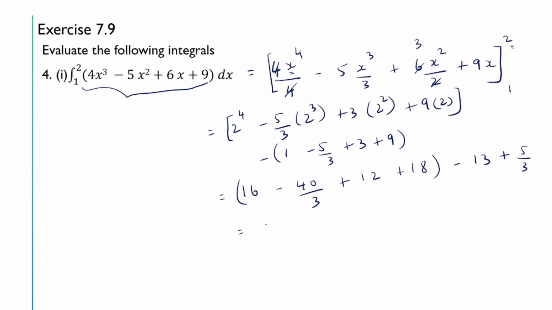So if we simplify, we get 33 minus, here minus 40 plus 5, it is minus 35 by 3. So if we take 3 as the LCM, we get 99 minus 35 upon 3, it is equal to 64 upon 3.